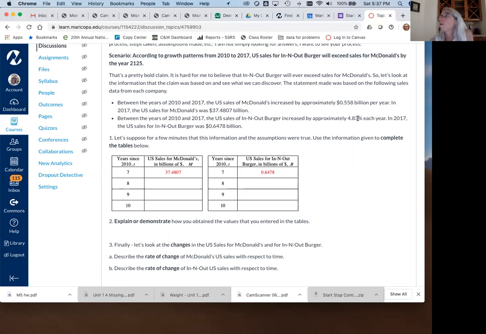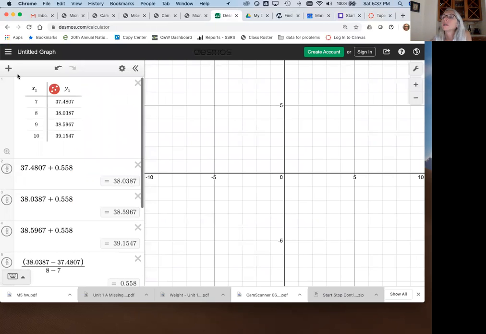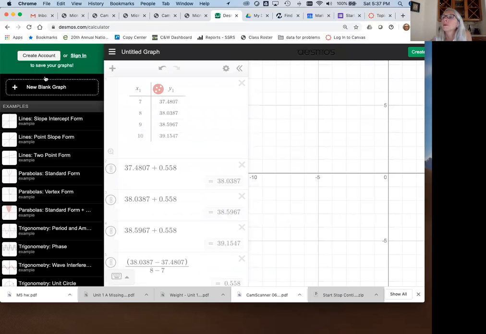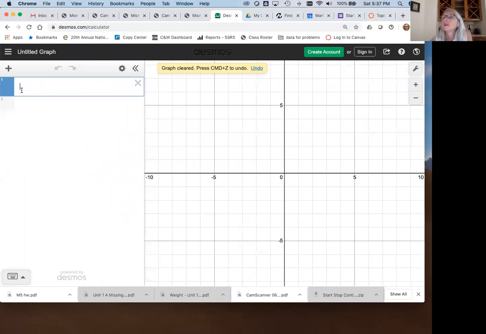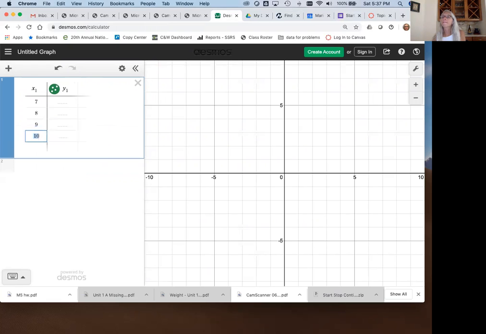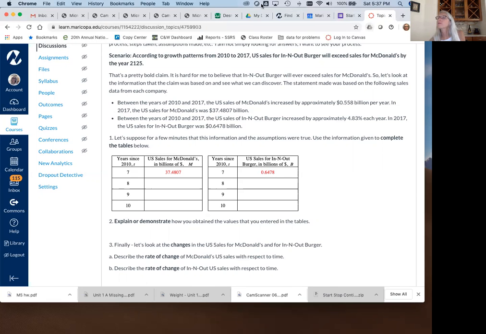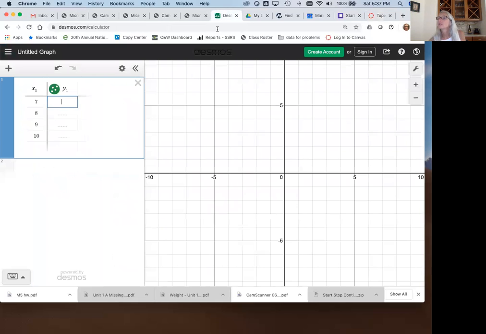But I can find out what is 4.83% of 0.6478. So let me go over here. I'm going to clear out this information, get a new graph, and put my table in here just so I have a place to record stuff. I think for number 7, it was 0.6478.